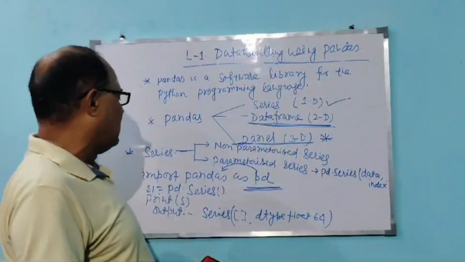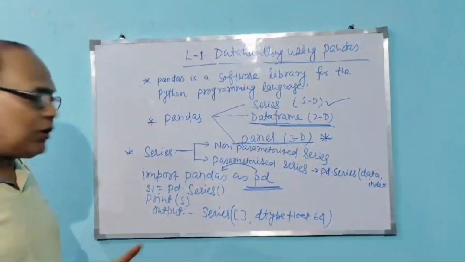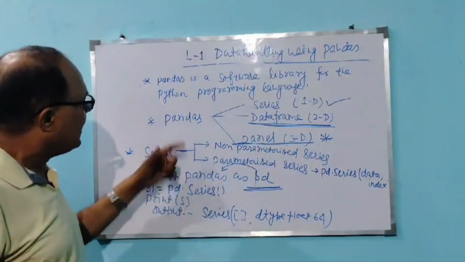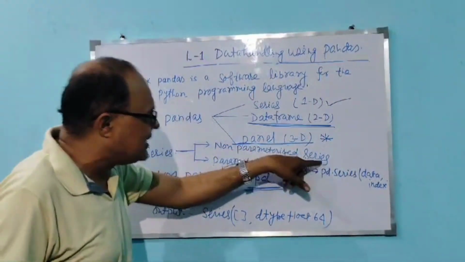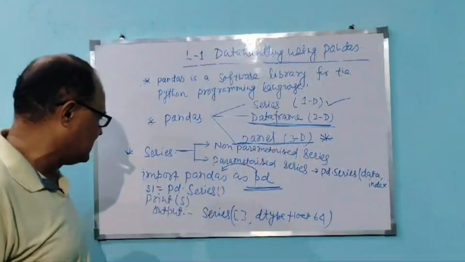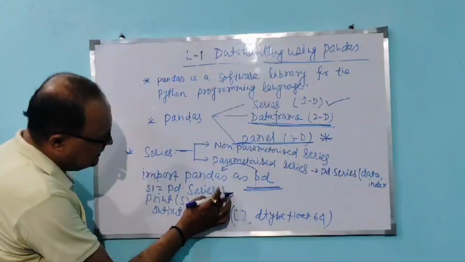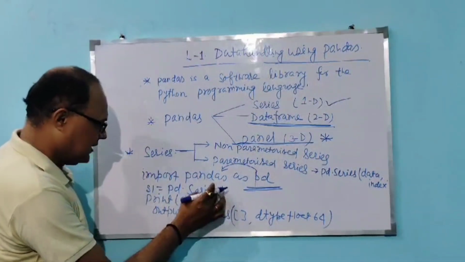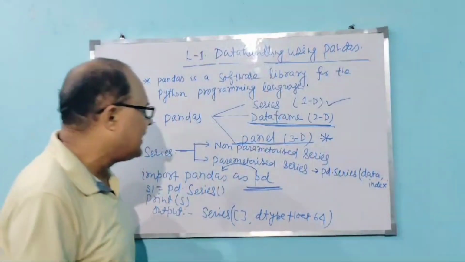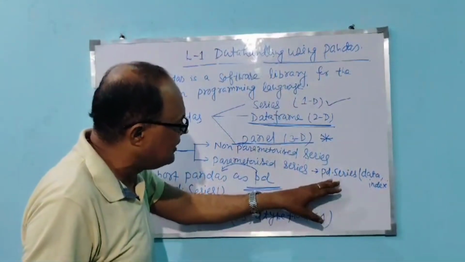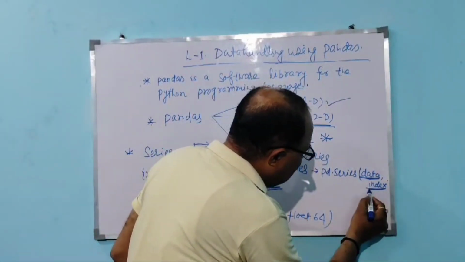Now I am going to discuss the series part. What is a series? It is a one-dimensional array. There are two types of series: non-parameterized series and parameterized series. A non-parameterized series, as you are seeing here, doesn't take any argument, and a parameterized series takes some arguments. Suppose you write pd.Series(data, index).